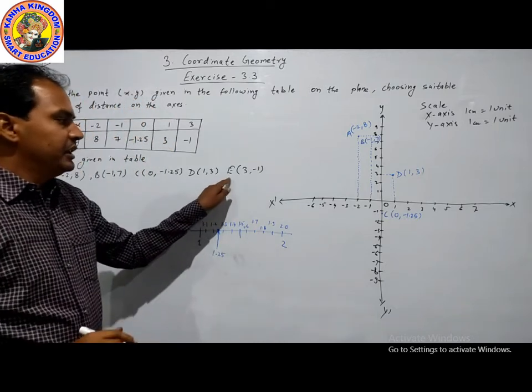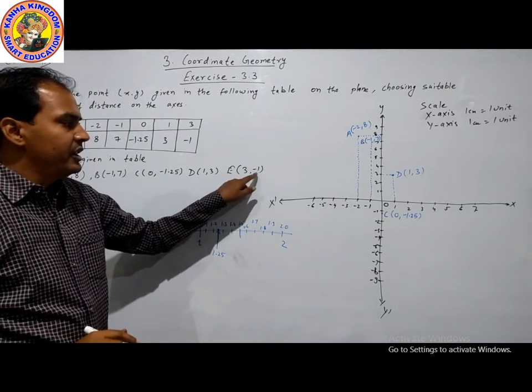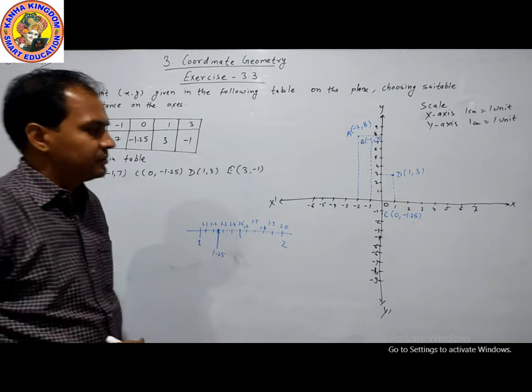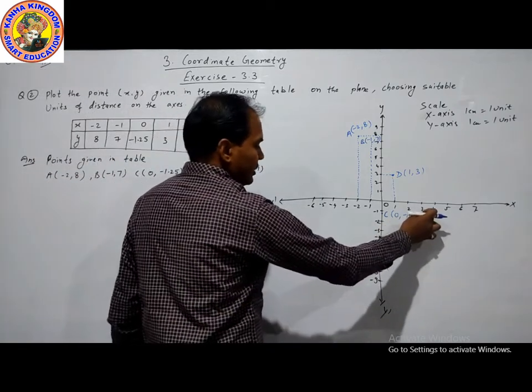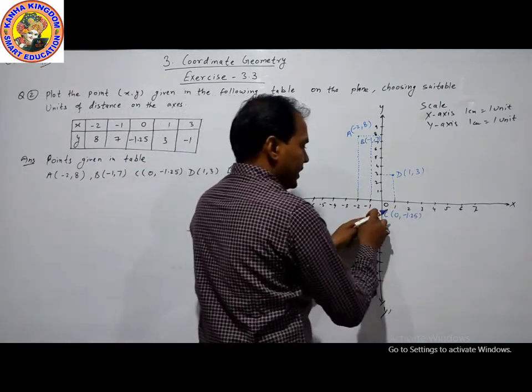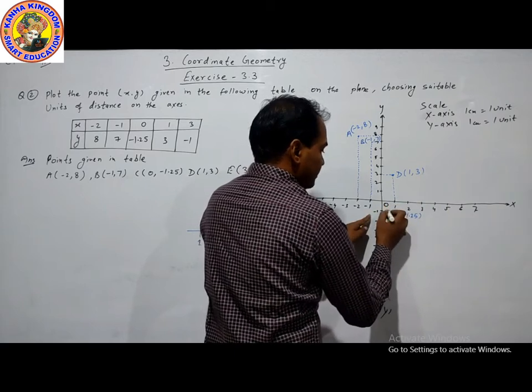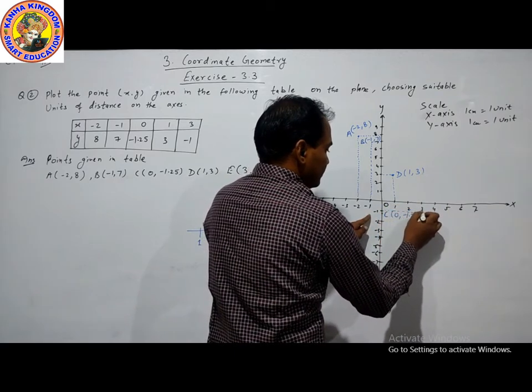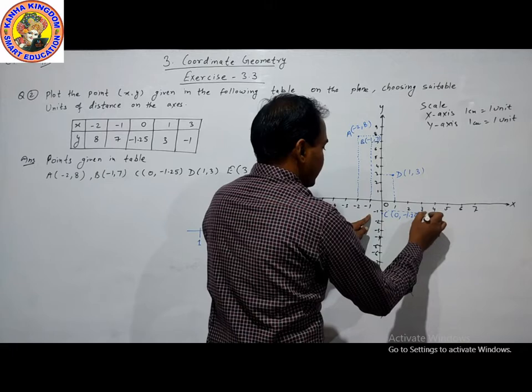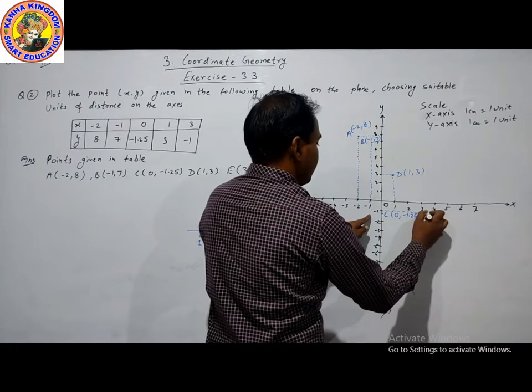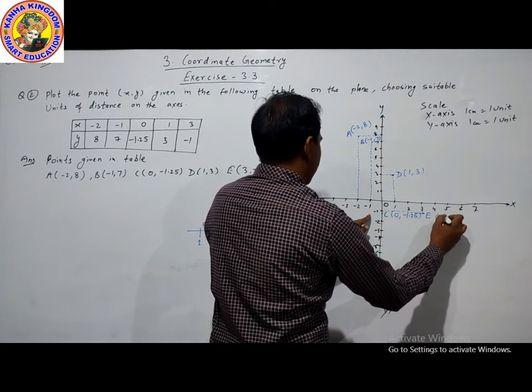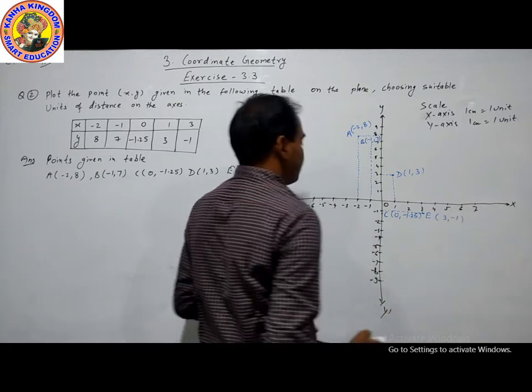Now for point E, x is 3, y is -1. Here is the point E, (3, -1).